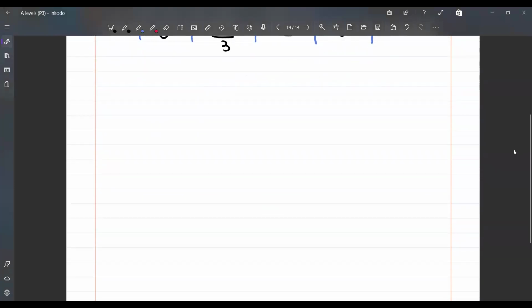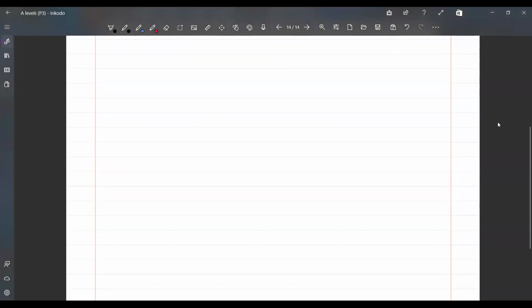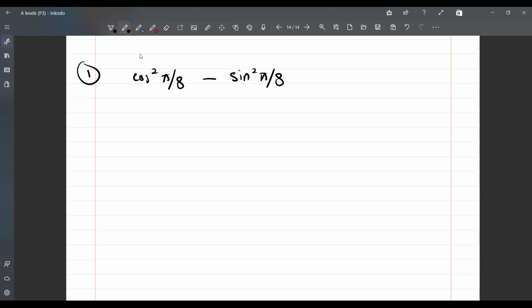Now let's do a couple of questions before we move on to harmonic identities. Let's say we have cos square pi upon 8 minus sine square pi upon 8. Now we know that there is an identity being applied here.